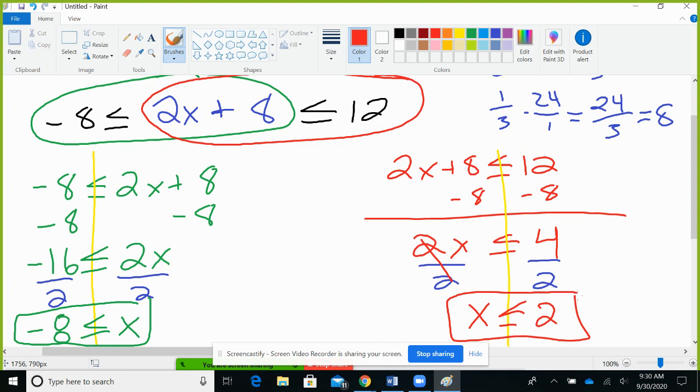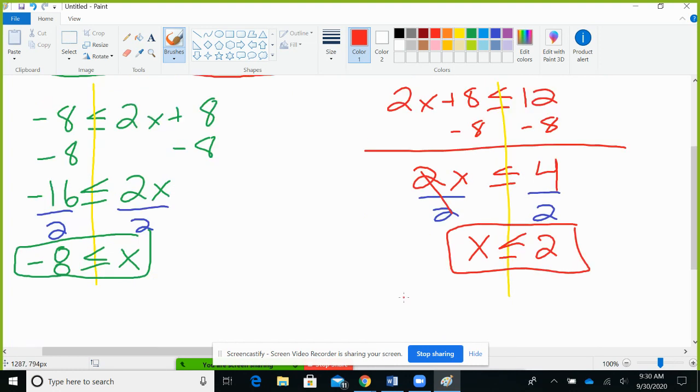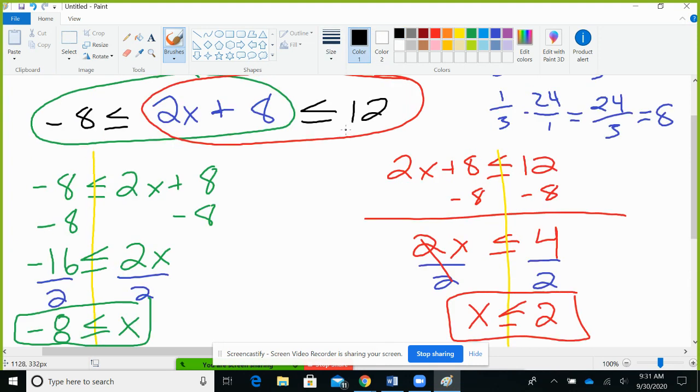So how do we graph these? Tell me if you need it scrolled back up to get the work. I could do the graph right here.